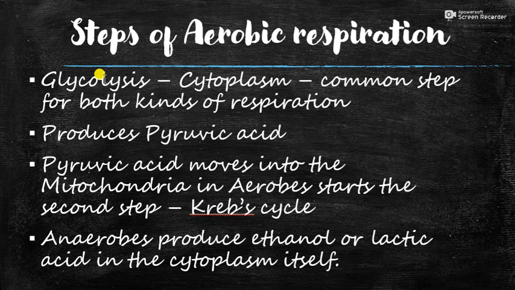Splitting up of glucose. Lysis is killing of glucose. So in glycolysis, one molecule of glucose will be split into two molecules of pyruvic acid. That's what is termed as glycolysis. Glucose is being killed and that produces pyruvic acid.